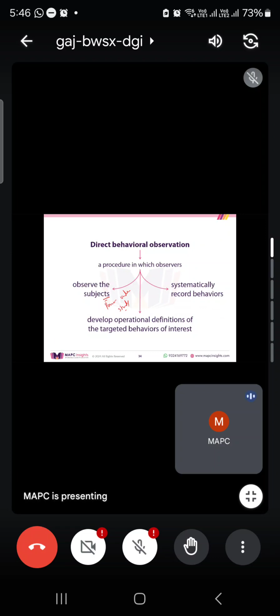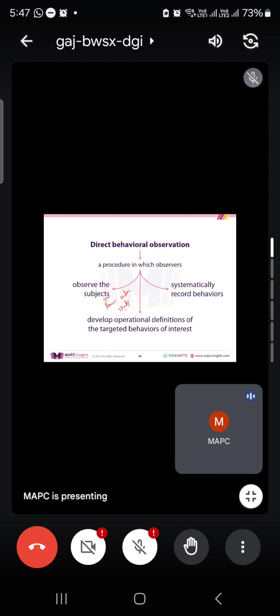Develop the operational definition of the targeted behavior of interest. Whatever our targeted behavior is, it will help us define the operational definition, that is, what actually the problem is. Because we know in mental illness there are several symptoms. Normally 7 to 8 types of symptoms are there, and if 3-4 of them are visible for a longer period of time, then we consider it a mental disorder.